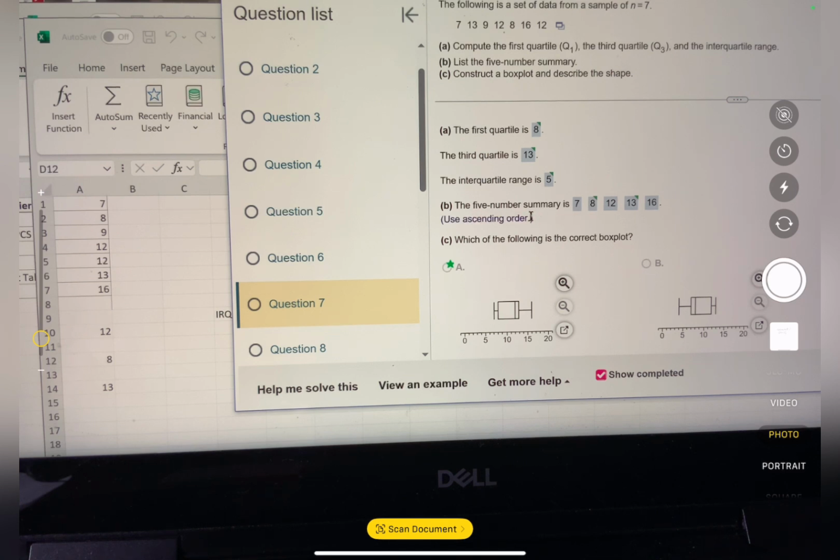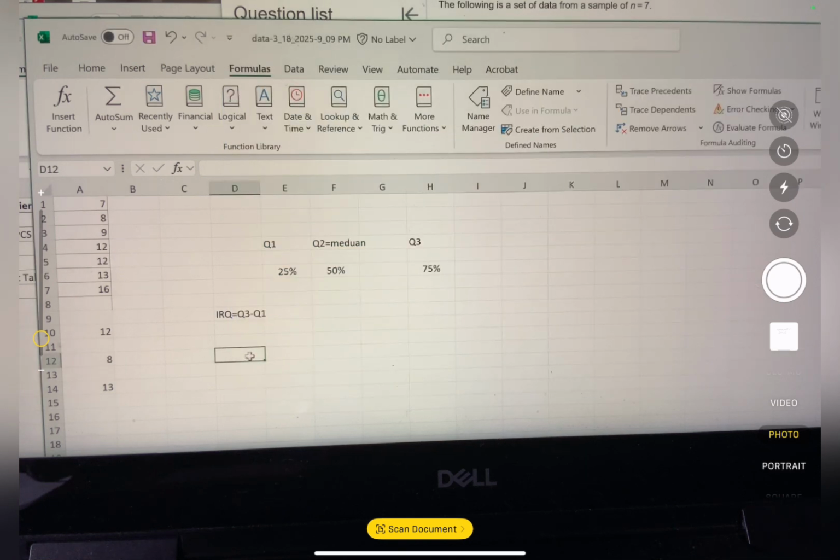And it's asking for the 5 number summary: the minimum, Q1, Q2 which is the median, Q3, and the maximum.